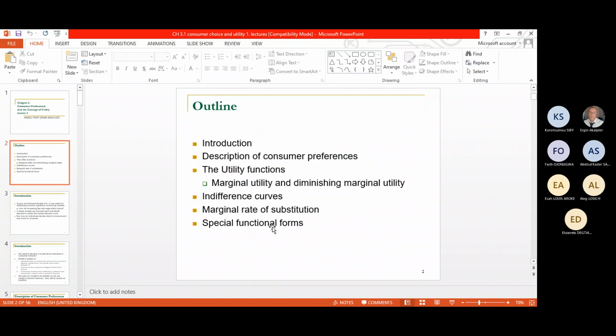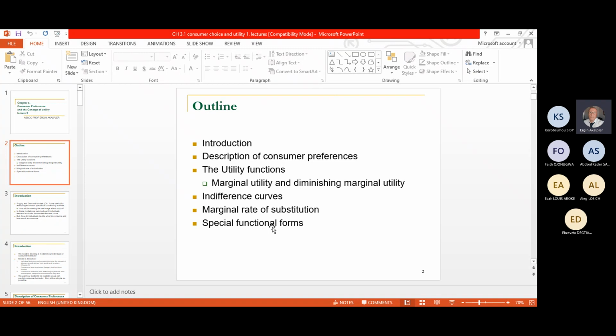The outline given to you: the introduction will be, as I mentioned, the consumer preferences and the utility function. You know, the utility function is related with the consumer preferences, and the utility is going to be maximized and optimized in this chapter.